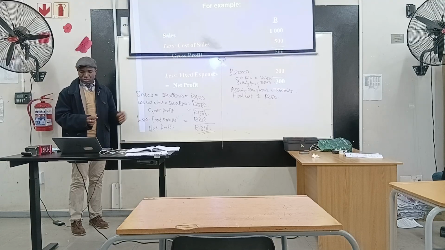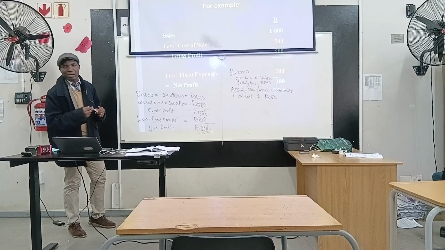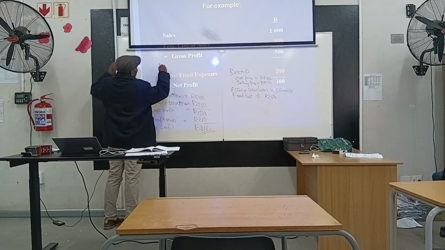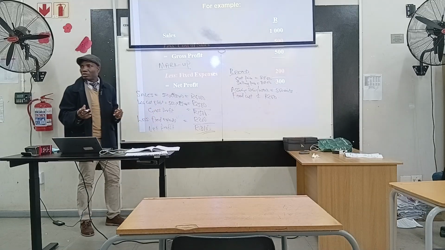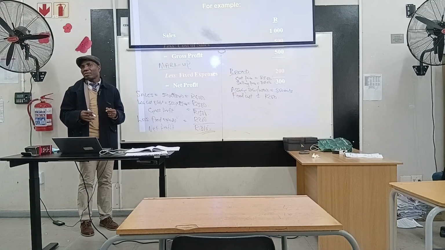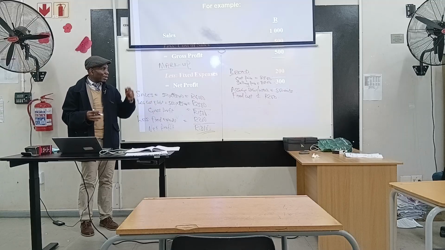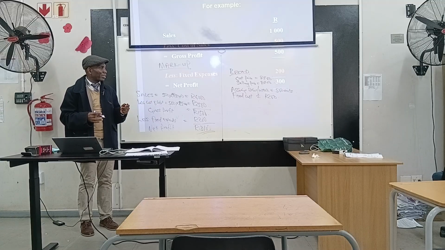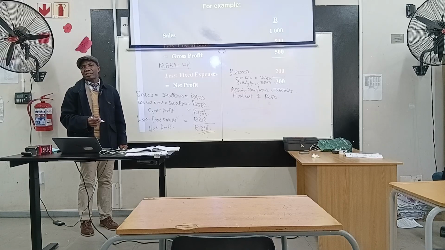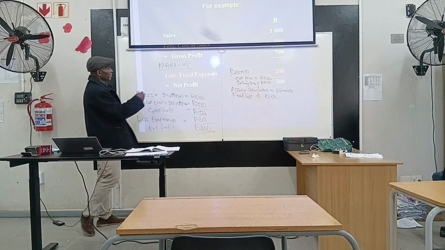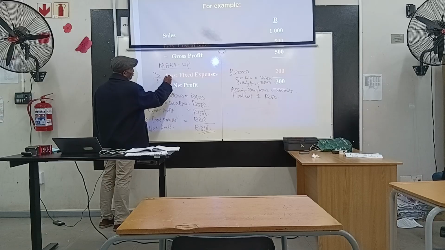That introduces you to another term we call a markup. You need to put a certain amount on top. For example, if I'm buying my bread for 5 rand and selling it for 8 rand, what is the markup? The markup is 3 rand. You can as well work out the markup percentage, which is 3 over 5 times 100 over 1.